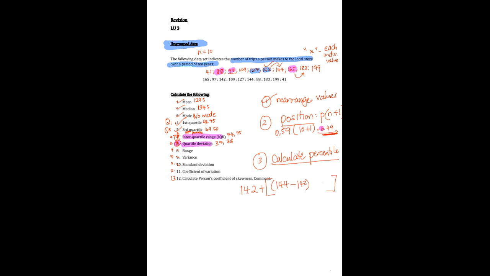So it's 142 plus, then you have the difference between the value after your selected value. So the value after 142 was 144, and then you worked out the difference between them and you multiply that by the remaining portion of your position that you just left out at the beginning, so times 0.49.